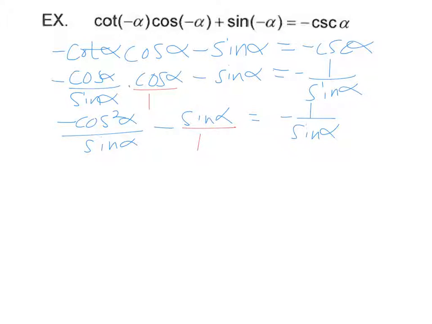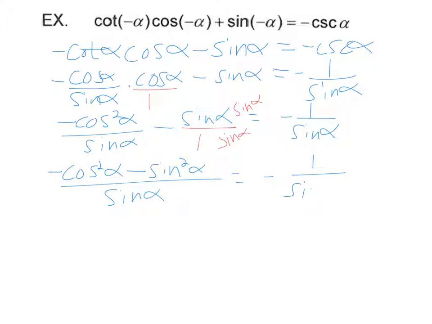Let's put that over 1. I'm trying to subtract fractions. I need a common denominator, which would be sine. So sine on the bottom, sine on the top. Negative cosine squared minus sine squared all over sine equals negative 1 over sine.